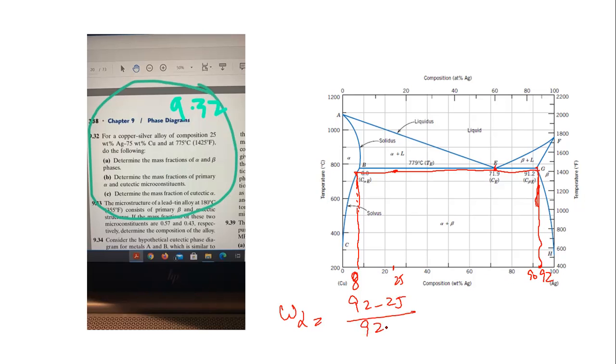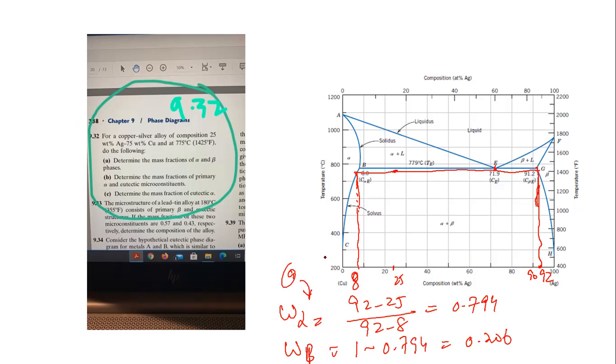The whole length is 92 minus 8. So it comes out to be 0.794. And W of beta will be 1 minus 0.794, which comes out to be 0.206. This is the answer for part A.